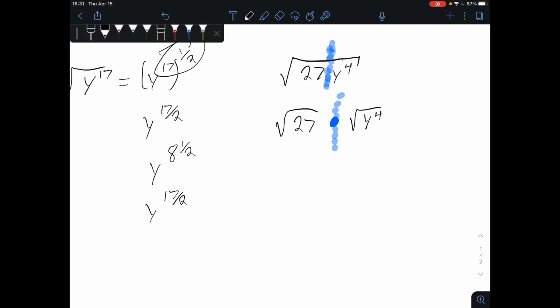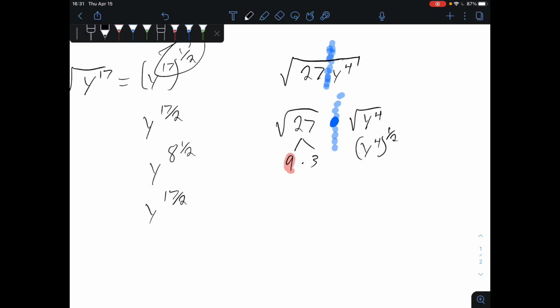So let's break this guy up. We have 9 times 3. And then this one, we have to use one of our past strategies. So if we have y to the 4th to the 1/2, there we go. So we have our perfect square written right here.